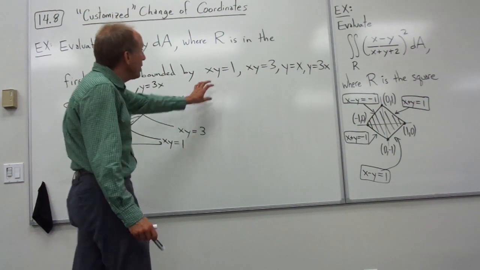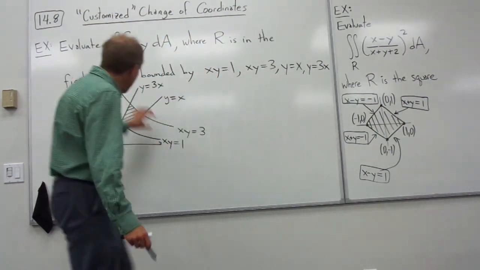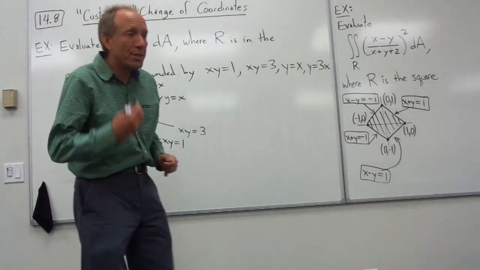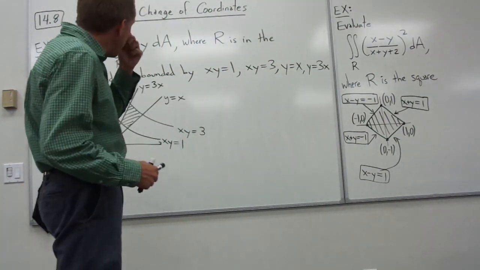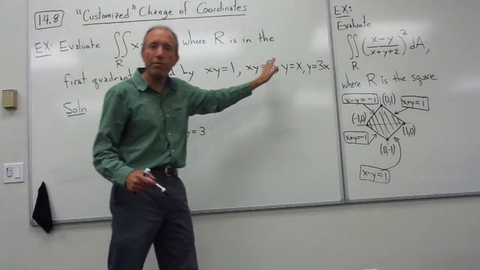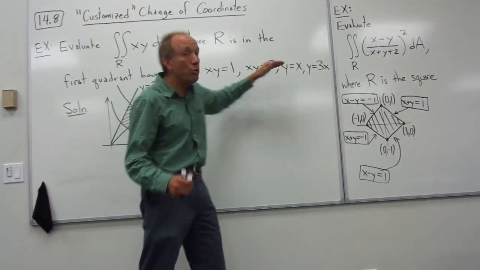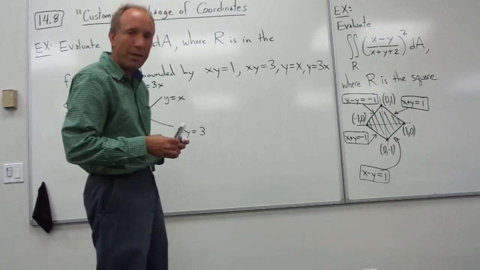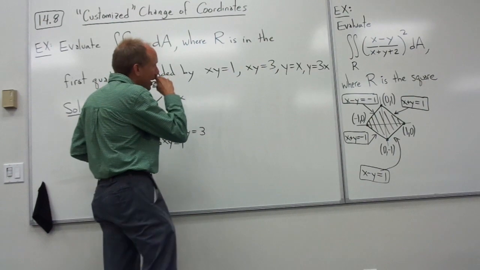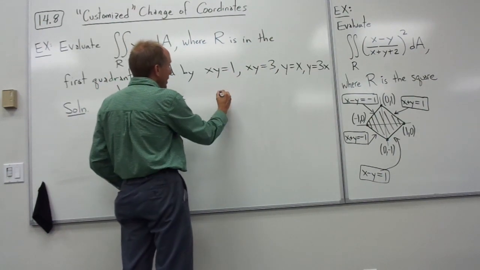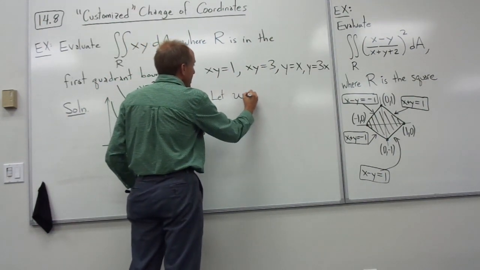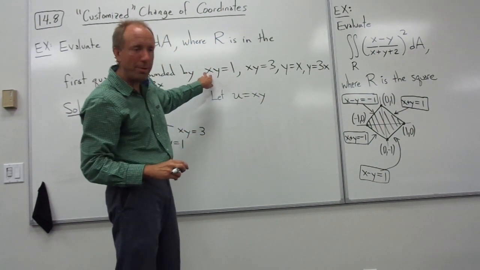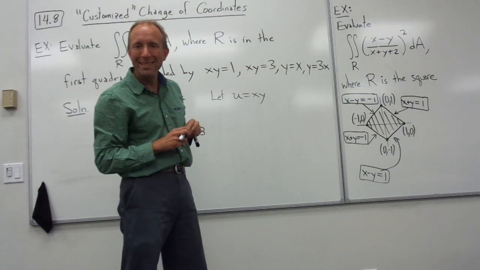So I would like to think about the curves that are creating the boundary of this region. These are the 4 curves that we want to focus on. And ask ourselves, can we make a customized choice of variables that will make the new limits of integration when we convert to u and v very, very simple? Well, what I hope that you might notice here is that if I let u equal xy, then my first 2 equations are just going to be u equals 1, u equals 3.